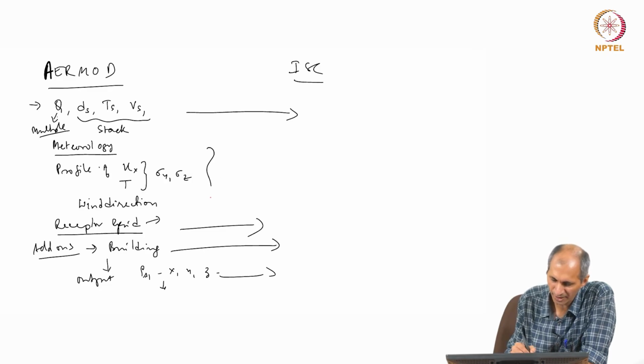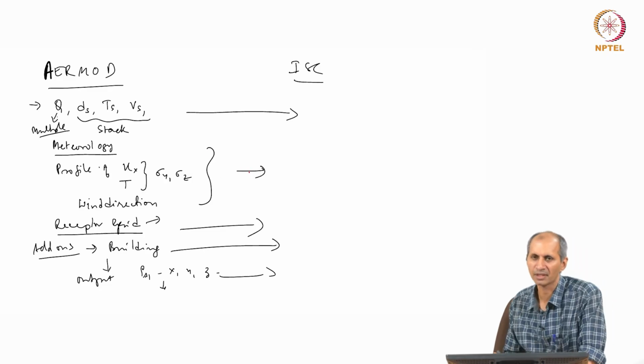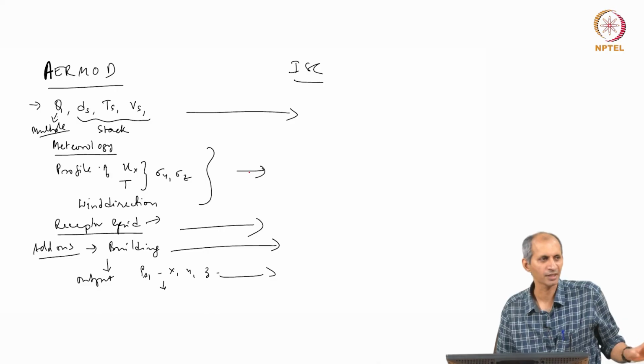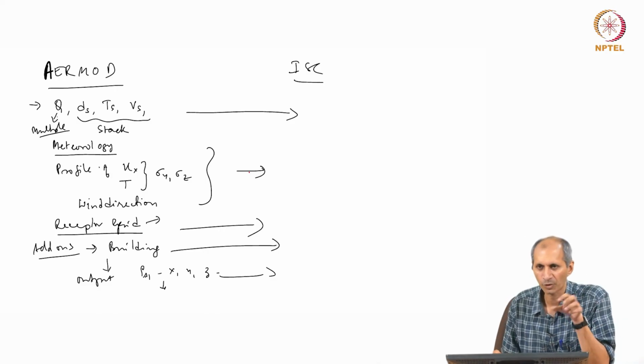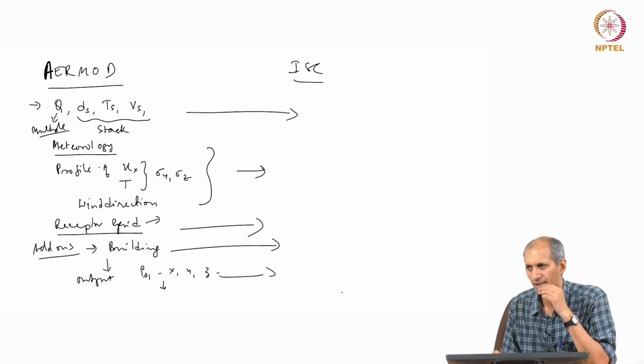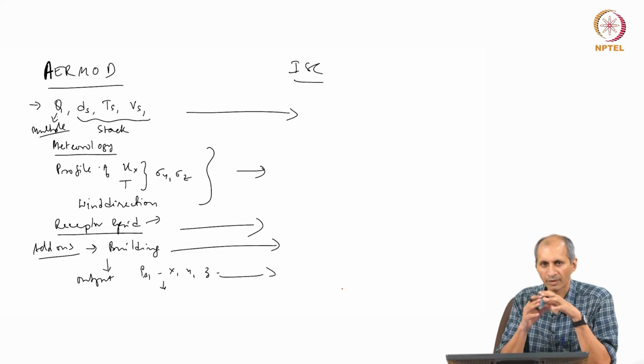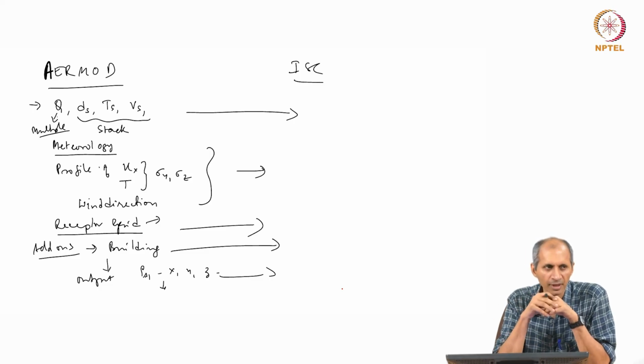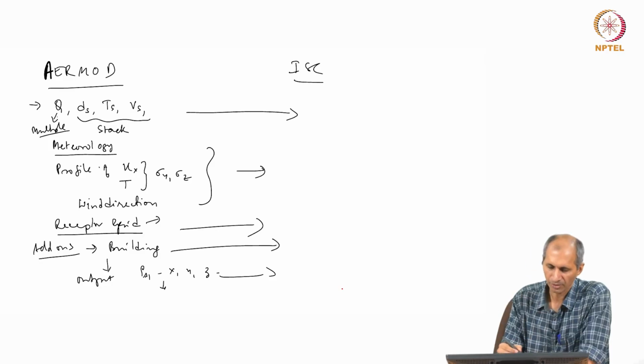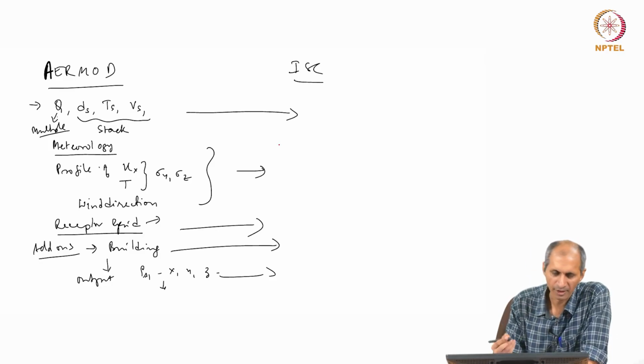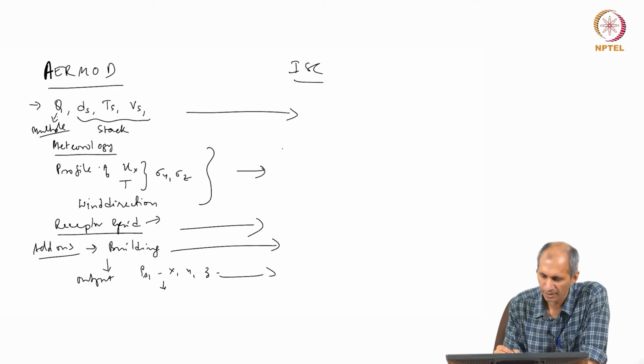The big difference in the ISC model is that the meteorology it uses is very much like the equations we had in class. In the example from last class we showed how to calculate concentration using the Pasquill-Gifford stability classes. So, the met data that we need is very small.